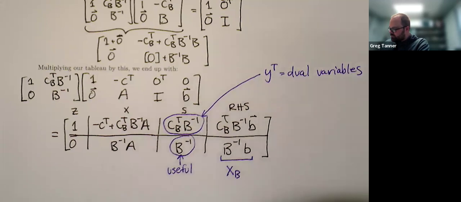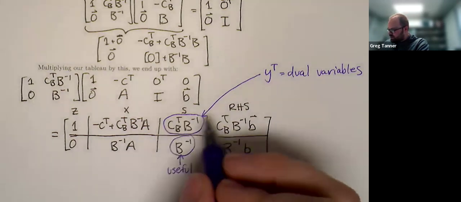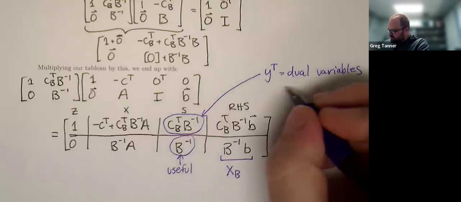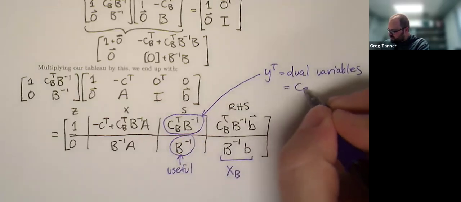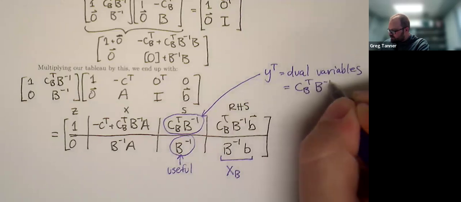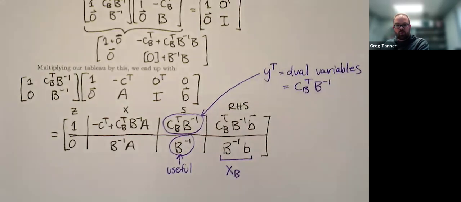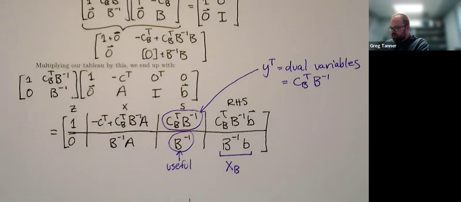They have an interpretation as shadow prices that we'll talk about in just a bit. We can abbreviate the quantity CB transpose B inverse as Y transpose. It's going to be the values in the objective row beneath the slack variables. And we'll talk a little bit more about what those mean in a little bit.